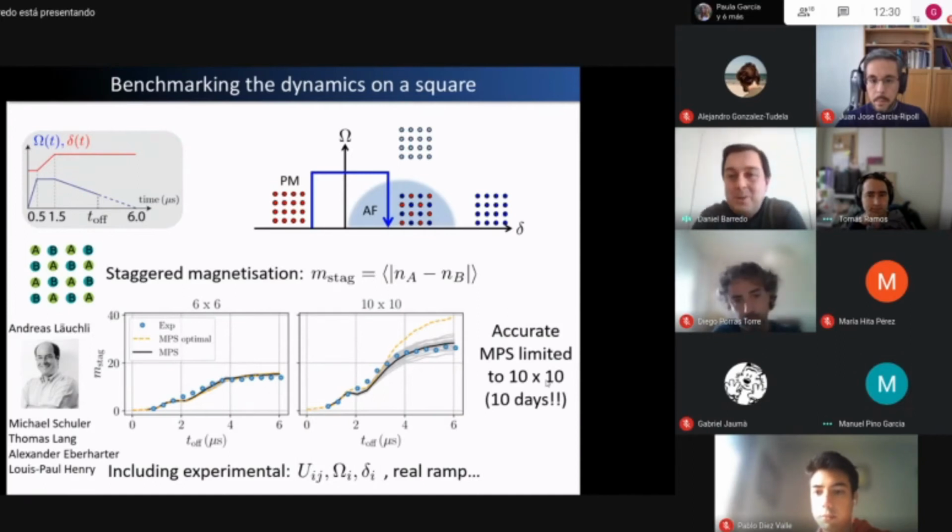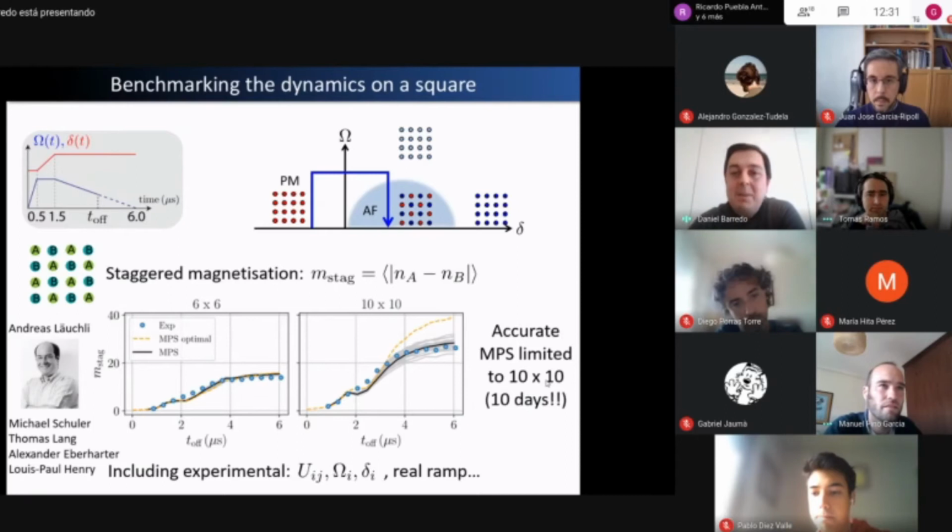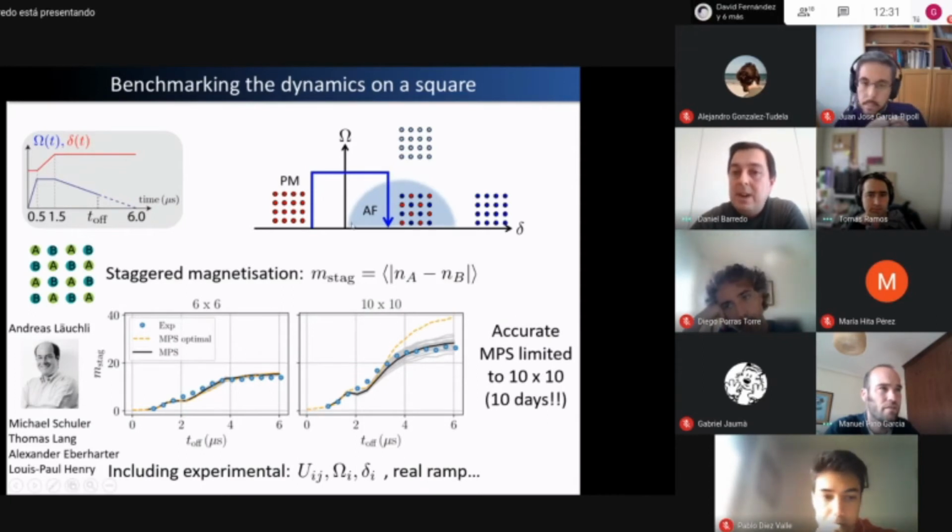Well, the reason for that is that there are many ways to cross the phase transition, if you wish. The energy gaps at the phase transition are not equal all around the border, so the gaps are smaller if you cross there horizontally.